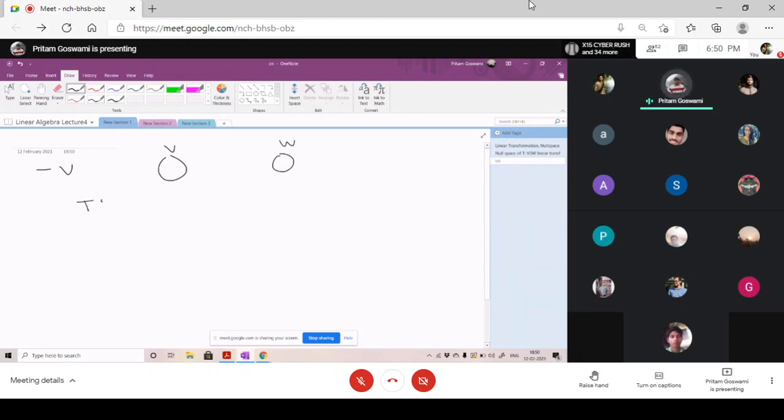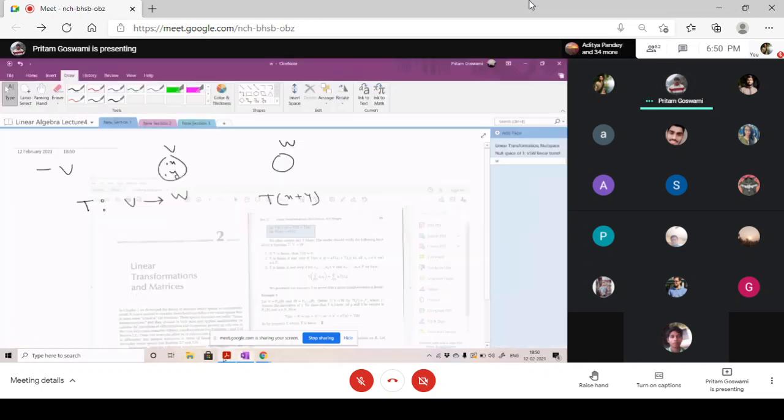We define a function T from V to W such that for any X and Y in V, T of X plus Y, where the plus is vector addition, belongs to W and is nothing but Tx plus Ty.